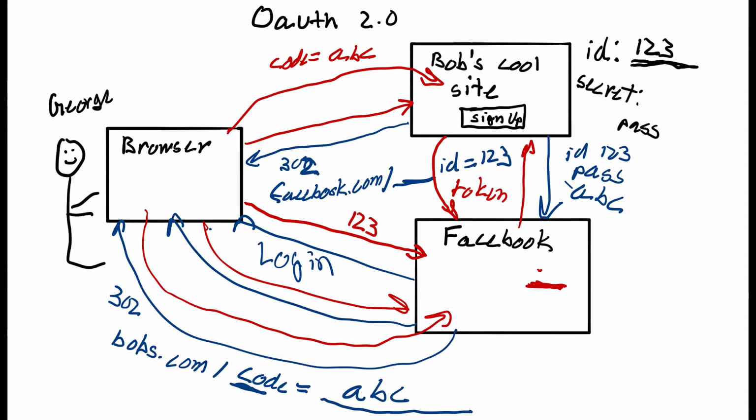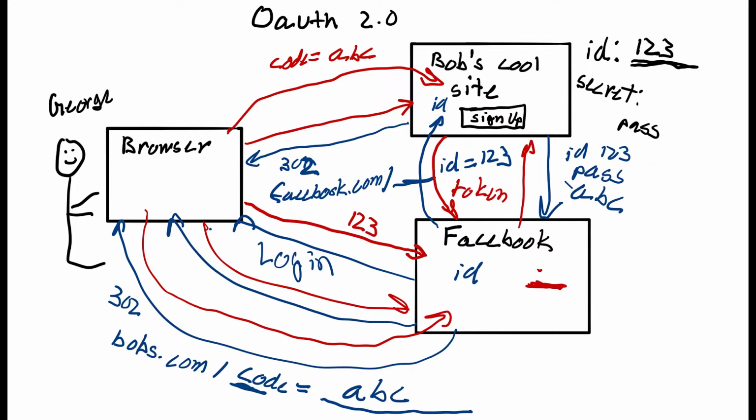And then because George gave him permission to read that, then Facebook will send back George's email and name. Now, another thing that gets sent back is also Facebook's unique ID for George. If you don't know, every user in Facebook has a unique ID. It's their database ID. So Facebook will also send back the ID back to Bob's cool site.